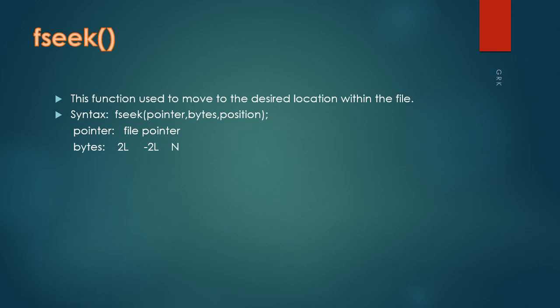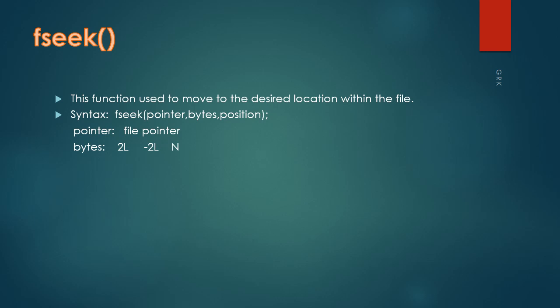Here I am writing only N, which is considered a positive number, so we are moving in the forward direction. If you want to move in the backward direction, we can write minus N. So this second parameter represents by how many bytes we are moving, either forward or backward.